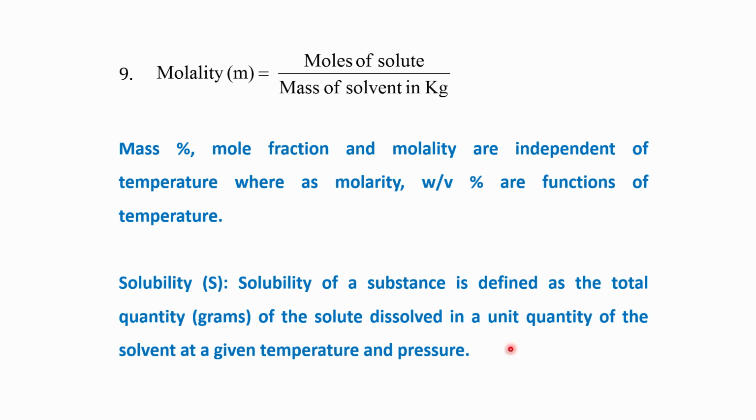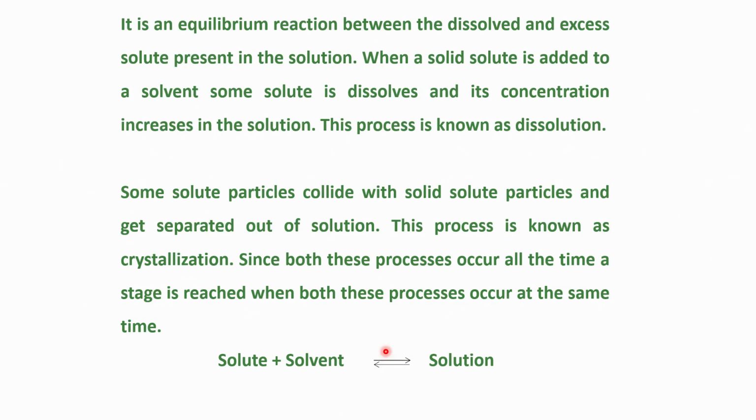Essentially, the definition may look very big, but actually what it means is the quantity dissolved in a unit quantity of the solvent at a given temperature and pressure. That is how we define solubility, because solubility is a function of temperature and pressure, especially if it involves gases, it involves pressure also.